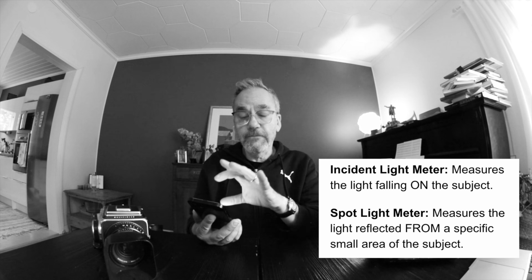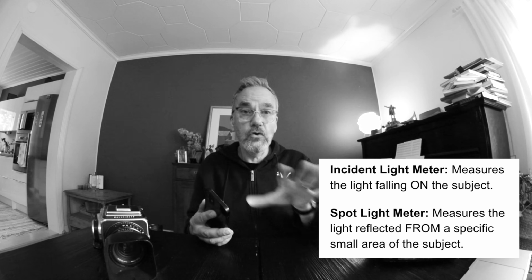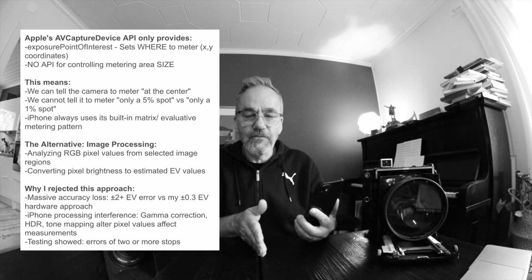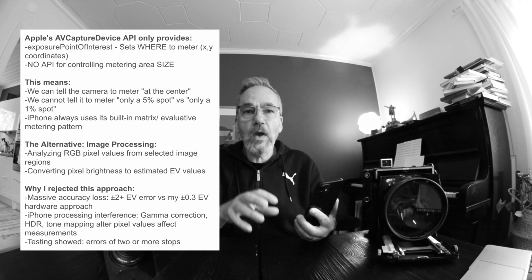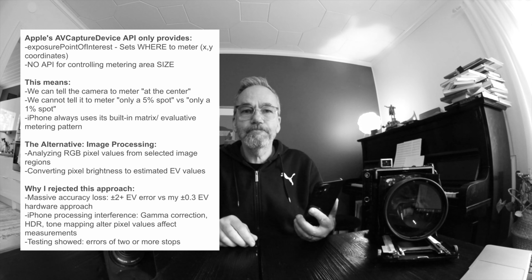This is an incident light meter, and then I wanted to build a spot light meter. So I created the video view on the screen. I had a version like that, where you can punch in and zoom to the thing that you want to measure the light from. But it doesn't work. Or it kind of works, but without going into the details of iPhone app development, you need to do a different way of measuring light.